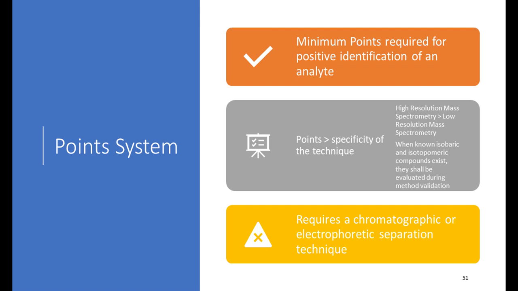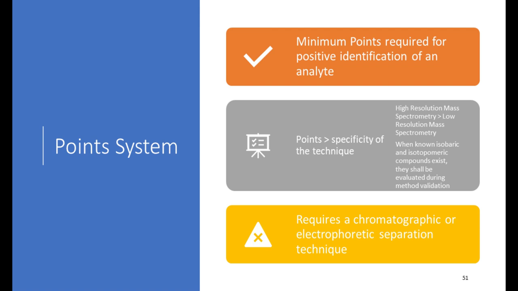There are points that are greater based on the specificity of the technique. So a high-resolution mass spectrometer gives more points than a low-resolution mass spectrometer. And also stated in the standard is when known isobaric and isomeric compounds exist, they should be evaluated during method validation.